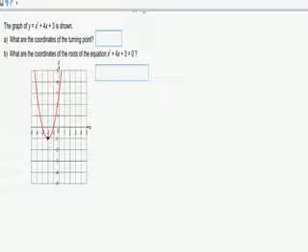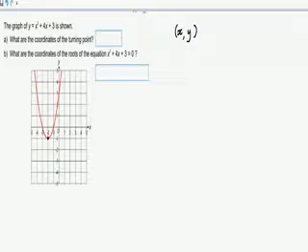Okay, so all we've got to do is give them the coordinate. Now remember, coordinates are always written, so we put it in brackets and x comes first, a comma, and then the y value.